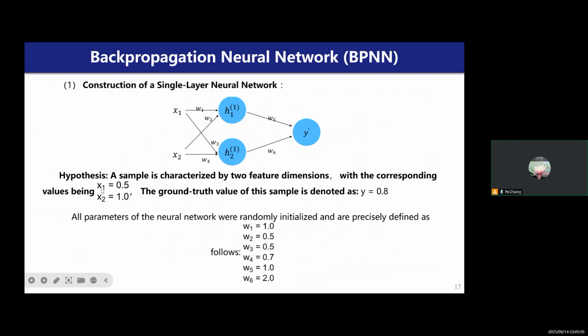The corresponding value x1 is equal to 0.5, x2 is equal to 1.0. The ground truth value, denoted y, is equal to 0.8. First, we initialize the weights using random values.